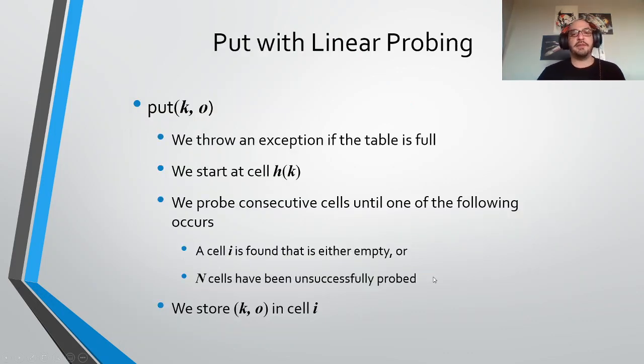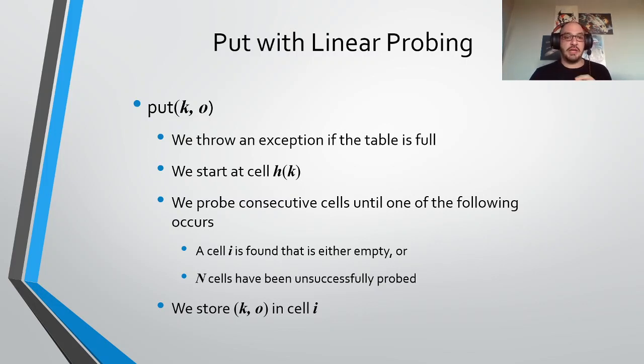In more programming terms, if I'm going to implement a map myself, and I'm going to implement the put method using linear probing, there are a couple of things my method has to do. It has to throw an exception if the table is full.